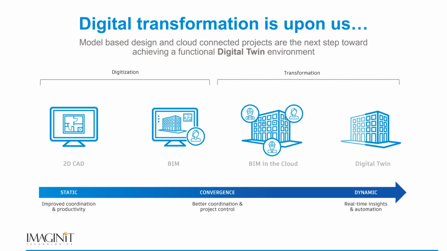In the globalization network, we're truly trying to grow and get connected, right? So ultimately, those words: static, coming together, converging, and then ultimately dynamic. Being able to report in real time and having that living and breathing digital twin environment, that's really where we're headed.